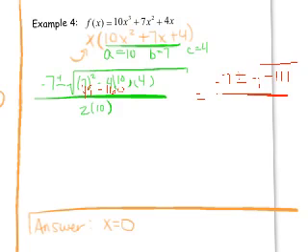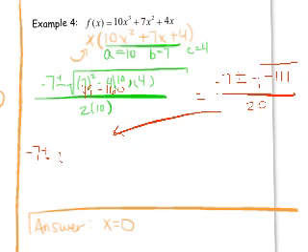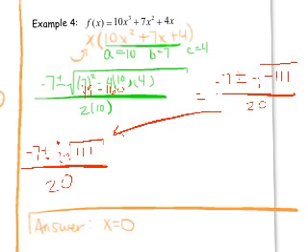Negative 111 all over 20. Negative 7 plus or minus i root 111 all over 20.